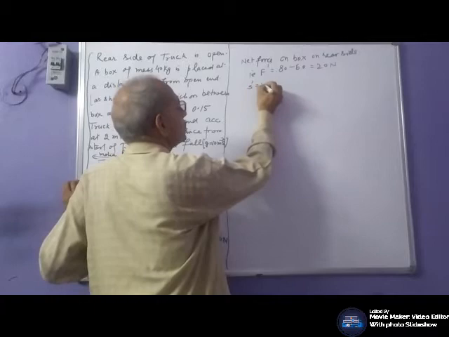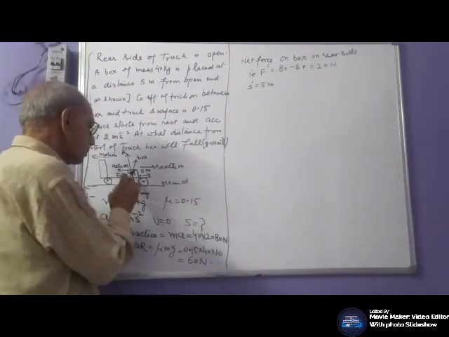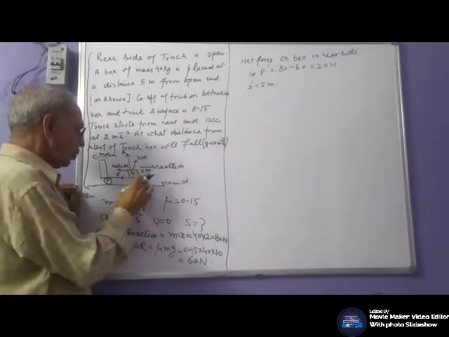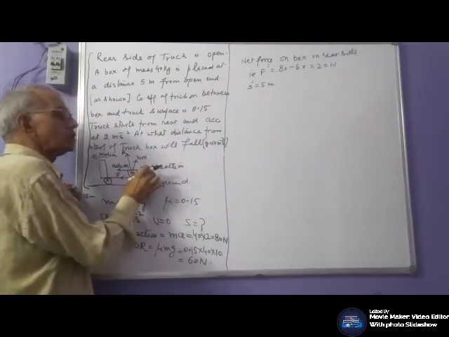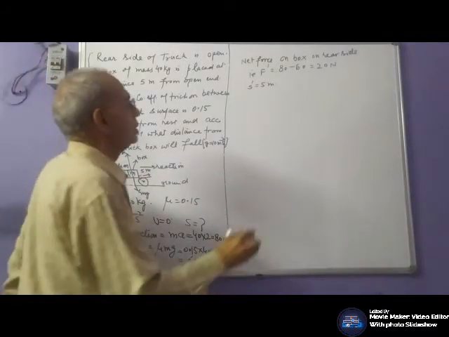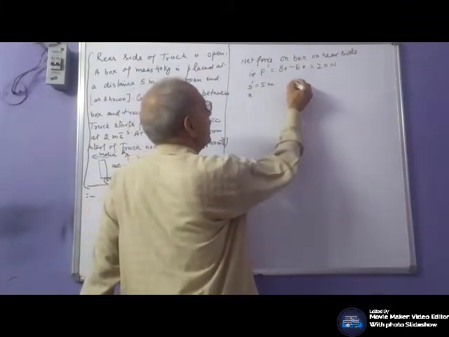S dash is 5 meter distance, this box, this is the force on box 20 Newton. How much distance does it have to travel? तो टाइम निकाल लो वो. How A dash?